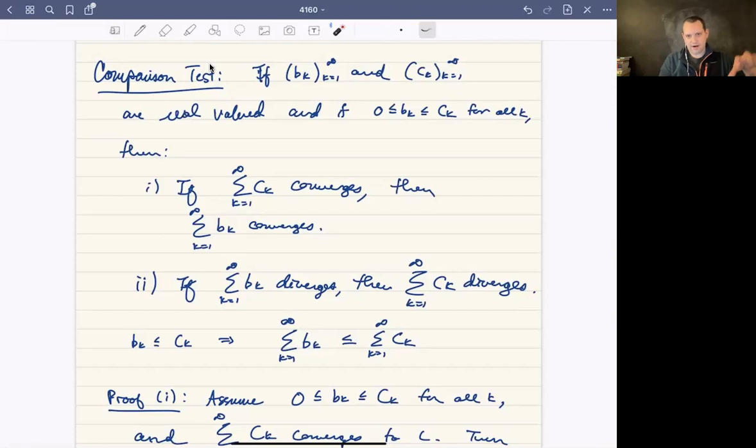Then you can add back the finite number of terms that you had in a pile before. So really, you don't need this to be true for all values of k. You only need it to be true for all sufficiently large values of k. As long as this is true for all values k greater than or equal to 10 or 1,000,000 or 5 or whatever, then the comparison test is true.